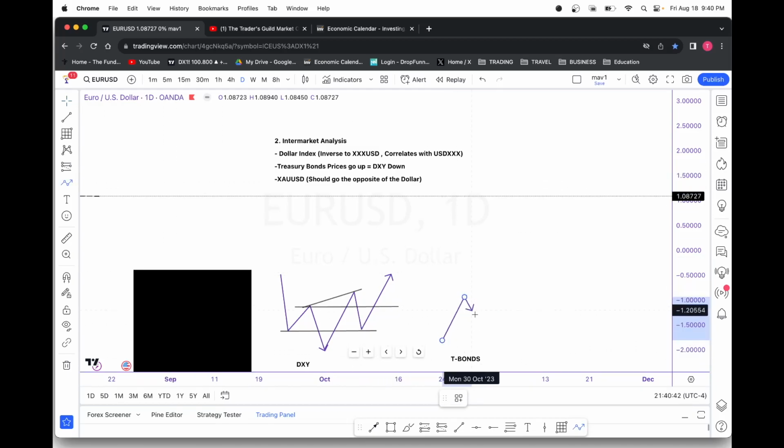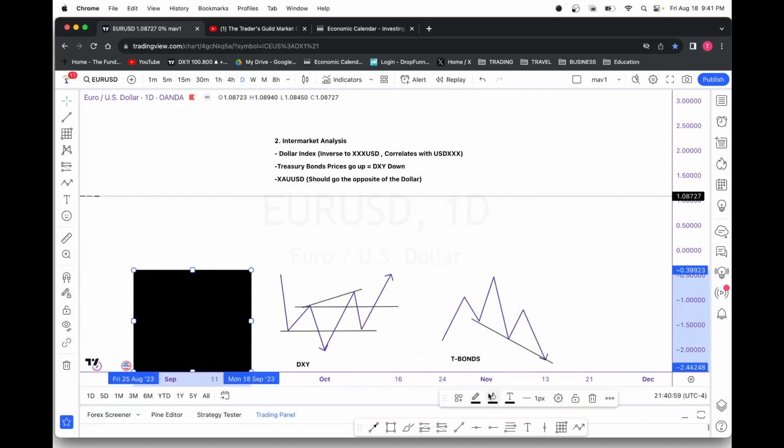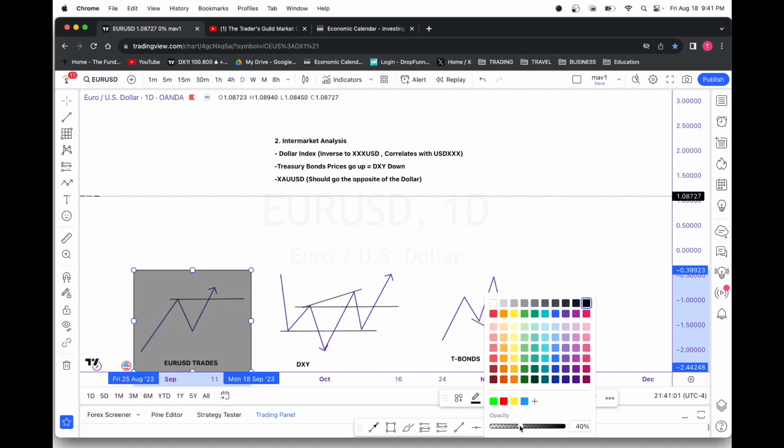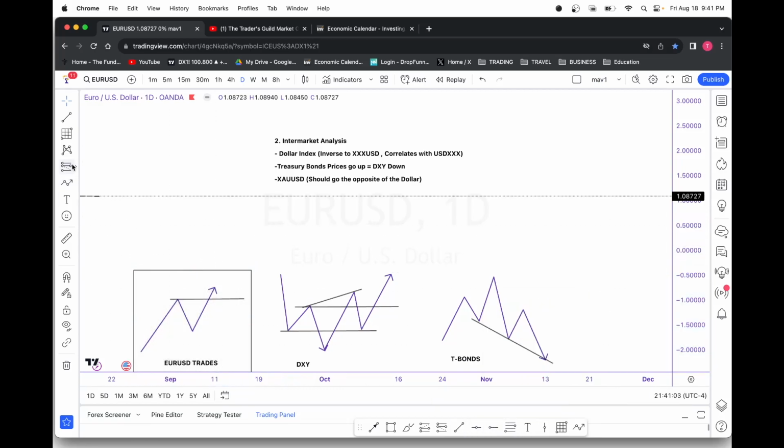So let's say T-bonds was going higher, but then boom, we get lower lows now on T-bonds. Now, if this is happening, then I'm going to be seeing, okay, dollar is actually looking to go higher. T-bonds is going lower. So that validates furthermore that I may be looking for what we call turtle soup.